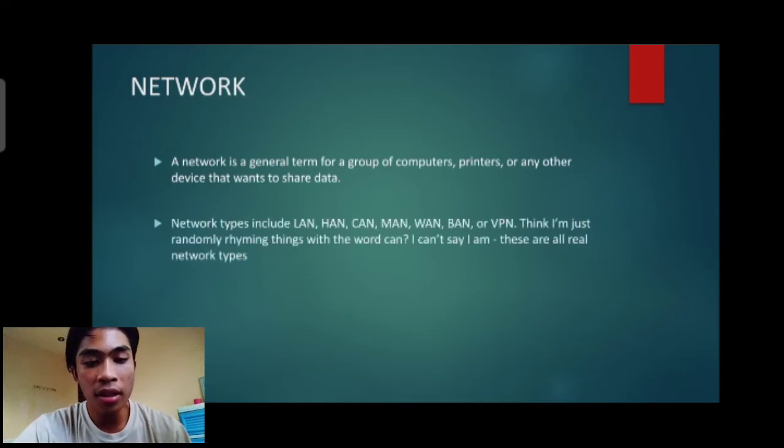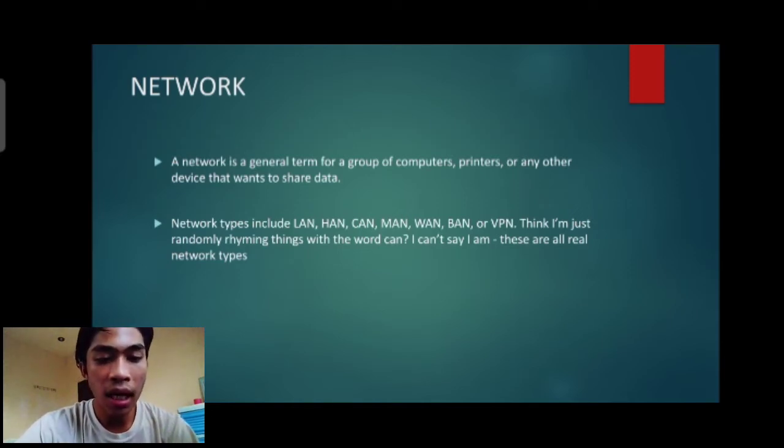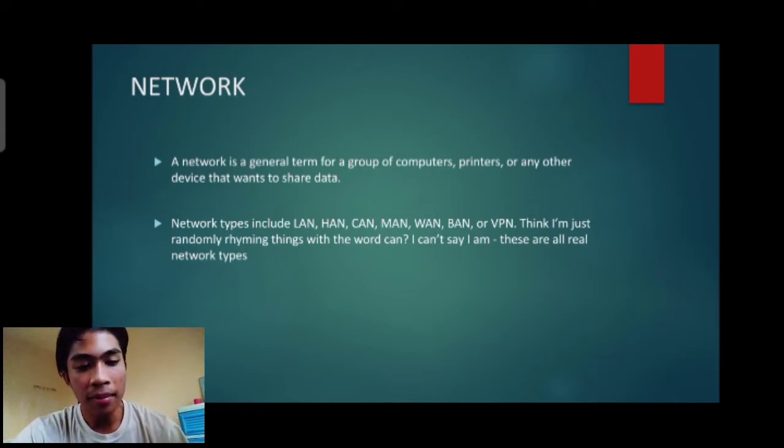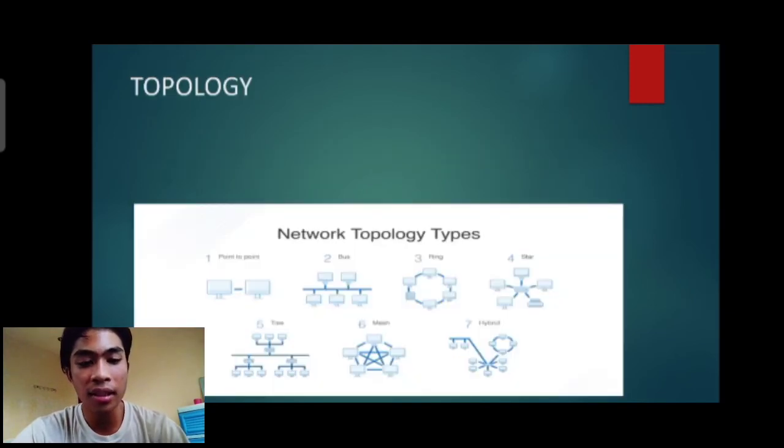Network types include LAN, local area network, CAN, MAN, or metropolitan area network, WAN, or wide area network, PAN, and VPN, or virtual private network. I'm not just randomly rhyming things with the word can. These are all real network types. They don't just accidentally rhyme with each other. That's what their names are.